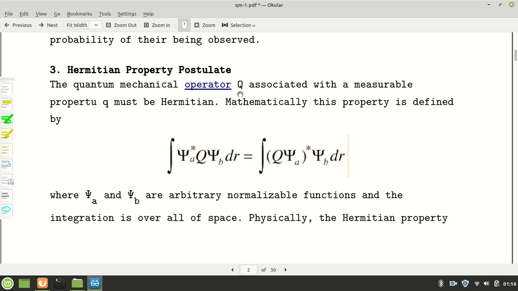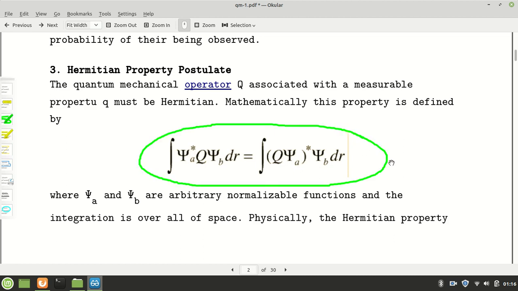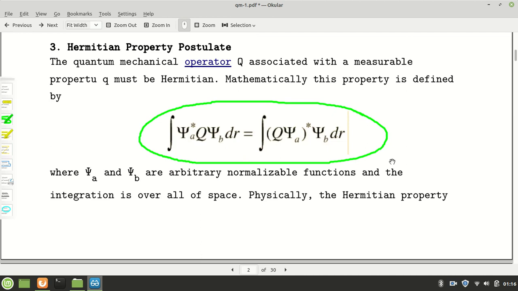So the eigenvalues of the operators should be real, because the operators are consistent with the dynamical variables. That is why the Hermitian properties come into play to represent an operator in quantum mechanics. The Hermitian operators will follow this equation. This equation is very new to you, so remember this.